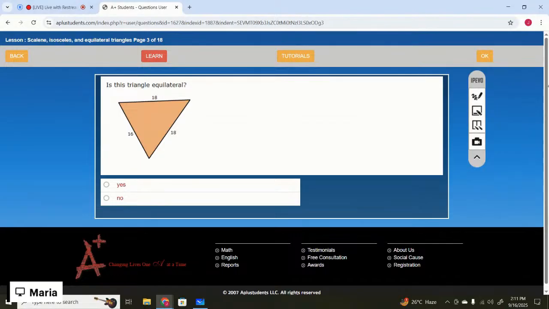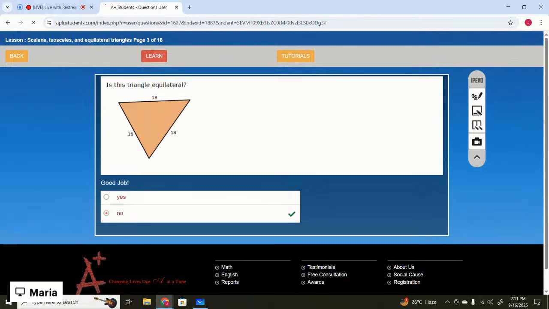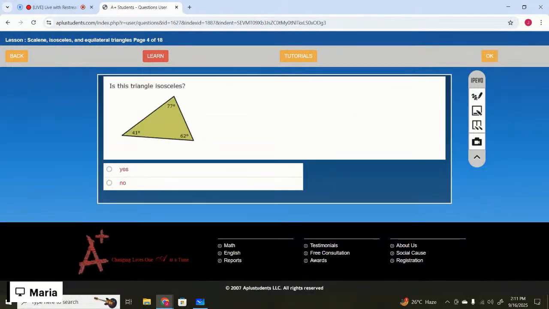No, that is not an equilateral triangle. Is this triangle isosceles?